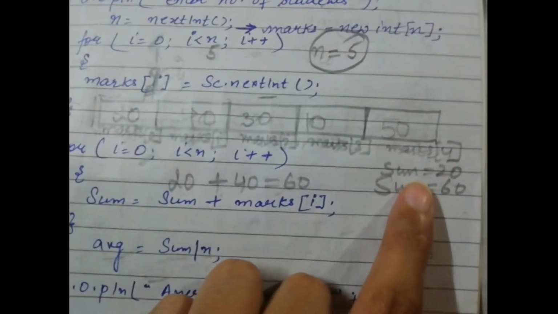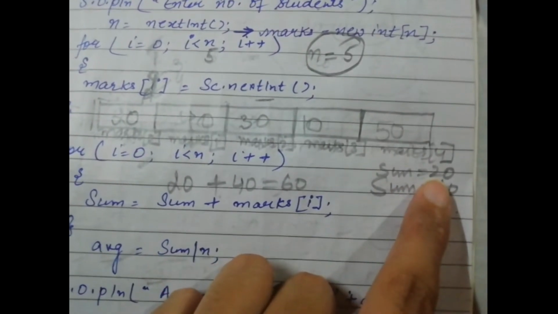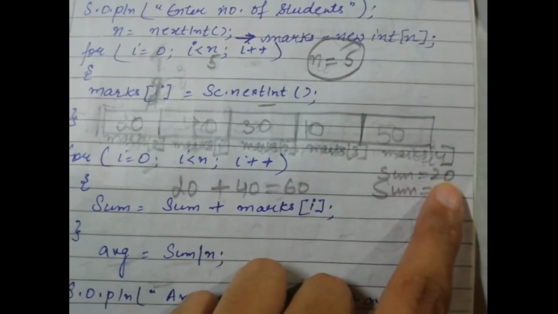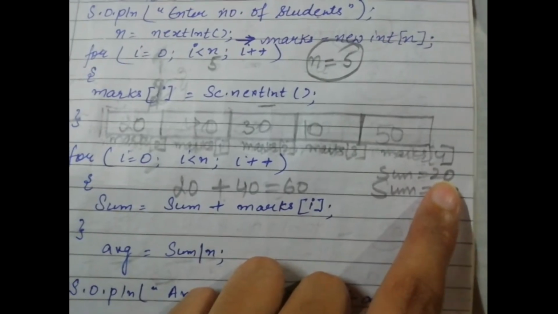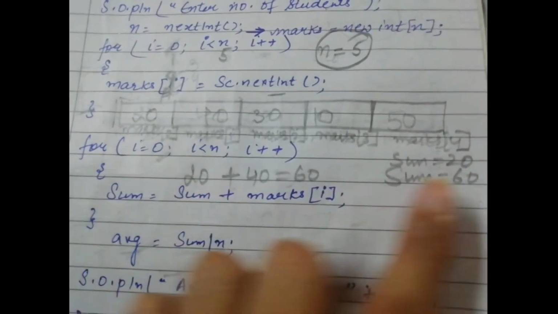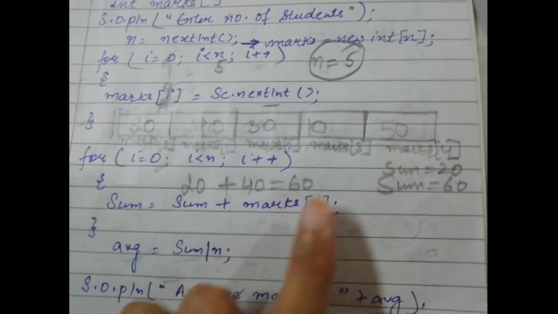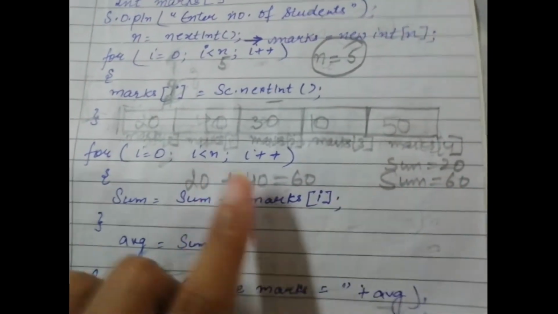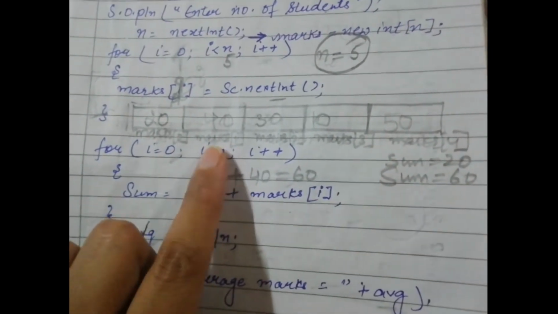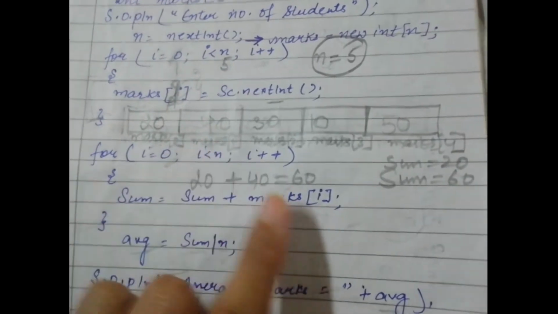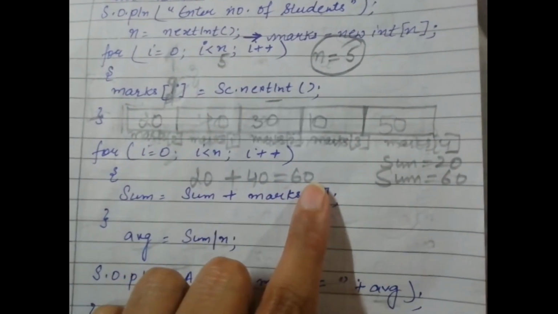So initially sum has a value 0. After 0 plus 20, the first element of the array, it became 20. After this, sum has a value 20, and the addition with the second element of the array, that is 40, gives sum a value 60.